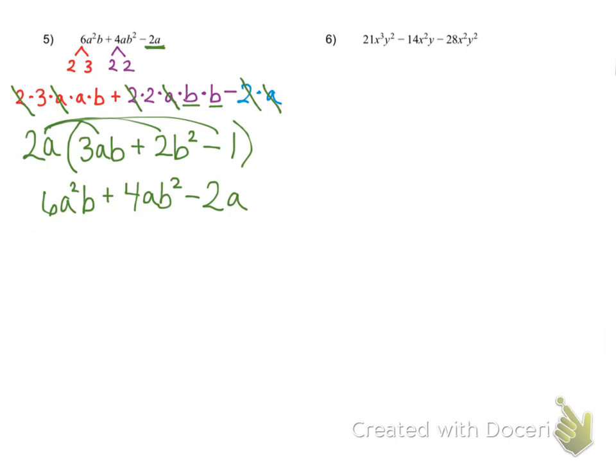So our last problem, we have 21, which multiplies to 7 times 3. We have 14, which multiplies to 7 times 2. And then we have 28, which multiplies to 7 times 4, and then 2 times 2.